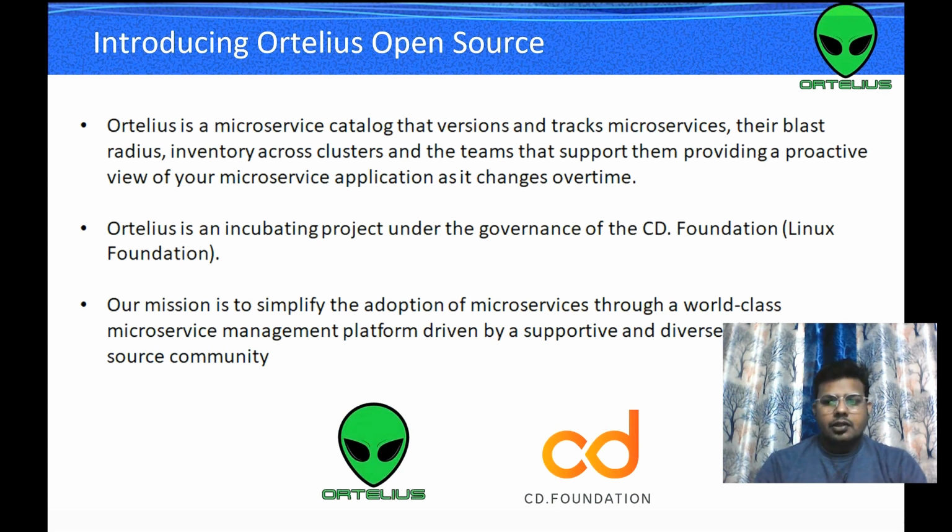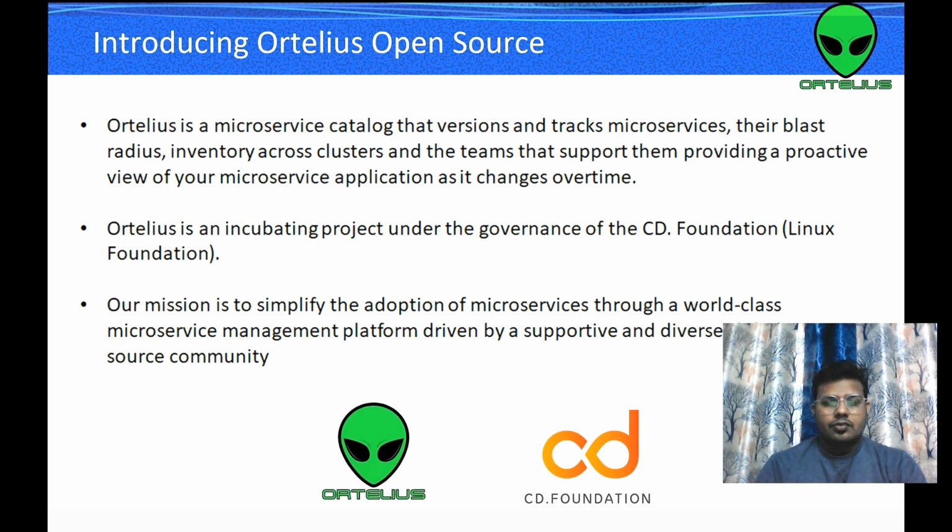Before going further, let me give you a brief idea about what Ortelius open source project is. Ortelius is basically a microservice management platform. As we all know, in microservice architecture, we have a lot of decoupled pieces, and there comes the problem.